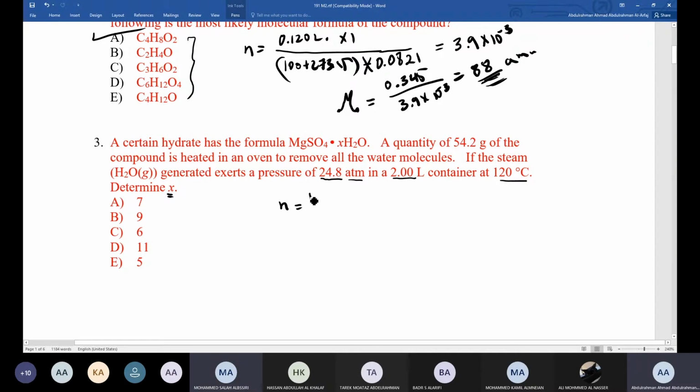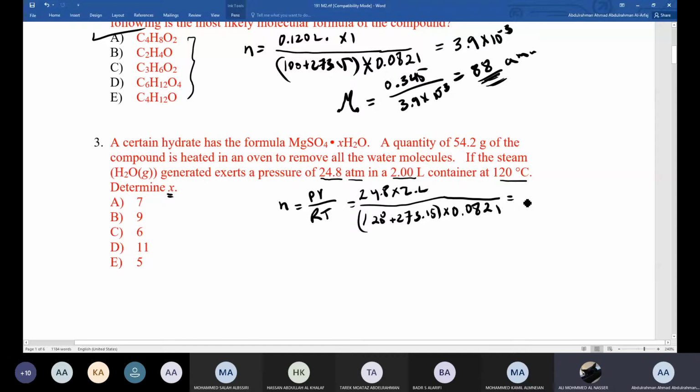We have 24.8 atmospheres times 2 liters, divided by 120 degrees C plus 273.15. This is of course times 0.0821.